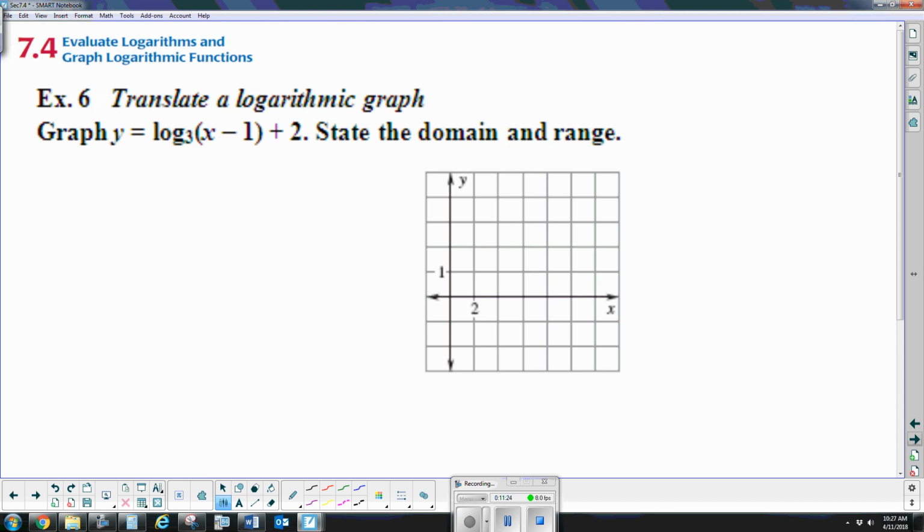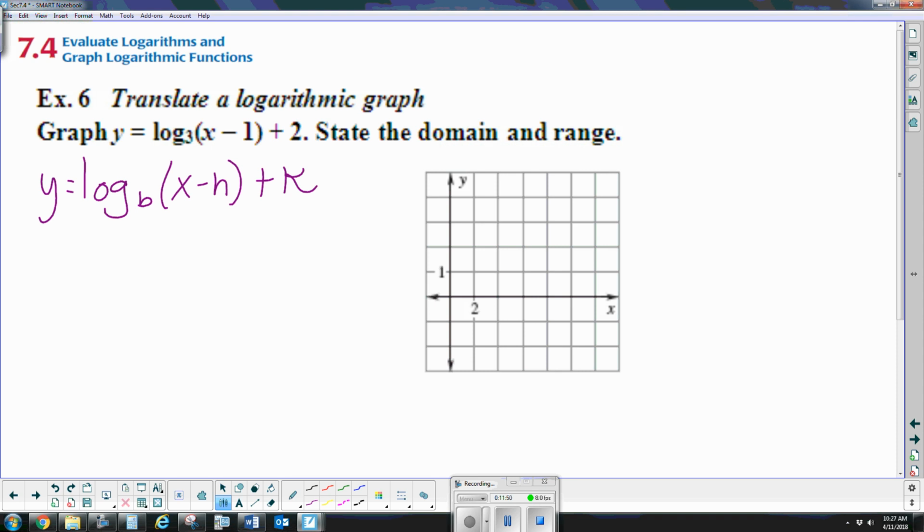So let's try this one where we have to translate a logarithmic function. So first, again, you want to keep in mind that our function is stated as log with base b of x minus h plus k.